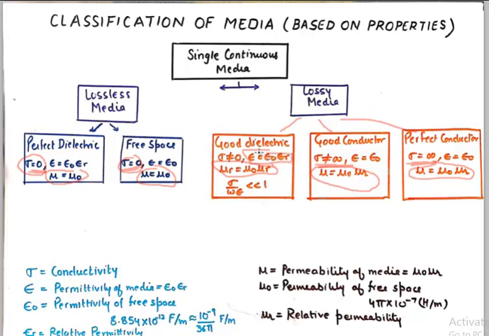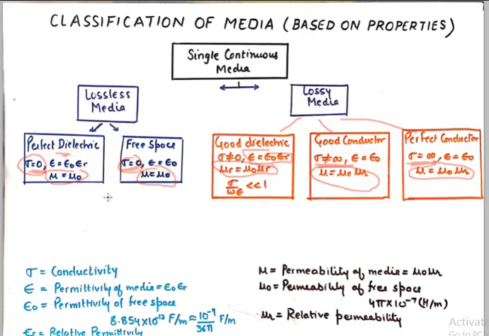So this good dielectric can be related to the perfect dielectric case, where epsilon is equivalent to epsilon naught into epsilon r. These are the conditions that you must remember for the classification of media based upon their properties.